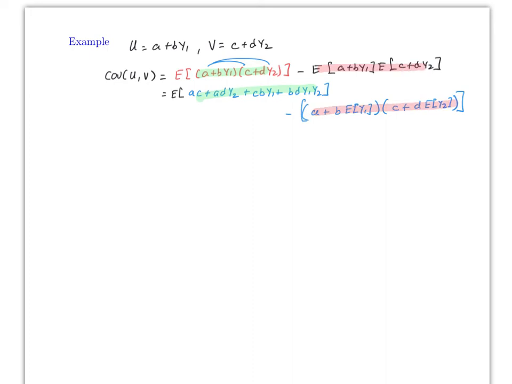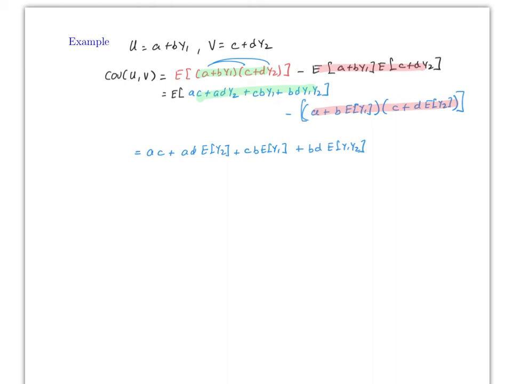All right, so if we expand this and distribute, this will be ac plus ad expected value of y2, plus cb expected value of y1, plus bd expected value of y1 y2.